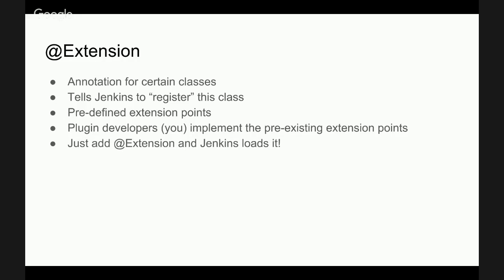All you're doing is adding this annotation, and Jenkins automatically figures out where it needs to go and adds it to that list. Simply put, it registers your class or adds it to that existing list.